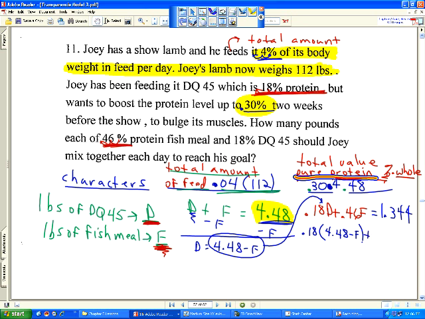And then we still have the plus 0.46 F is equal to 1.344. Okay?